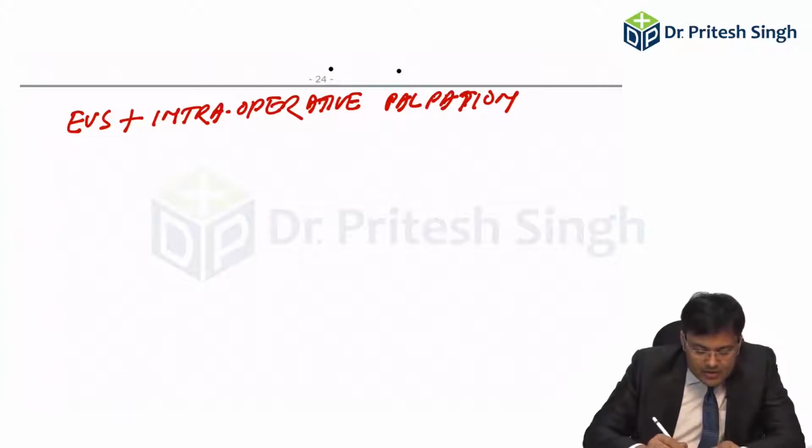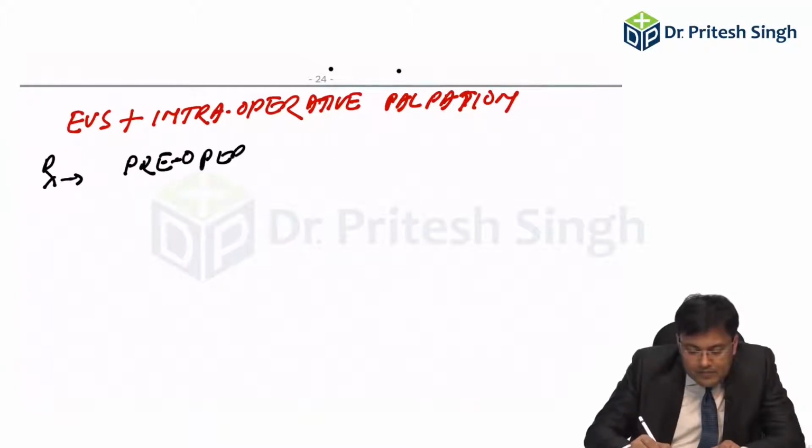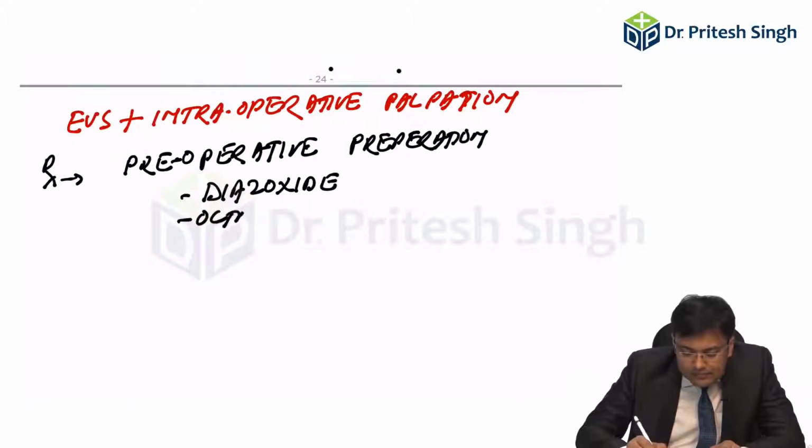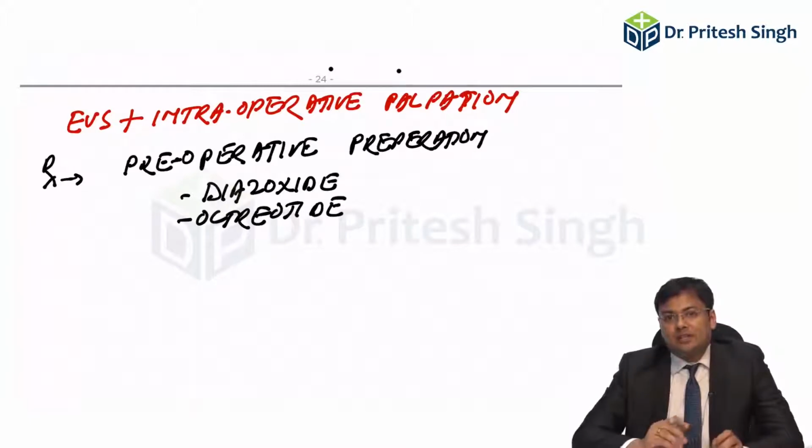So see, in treatment for pre-operative preparation, we give diazoxide and octreotide to control hypoglycemia of the patient.